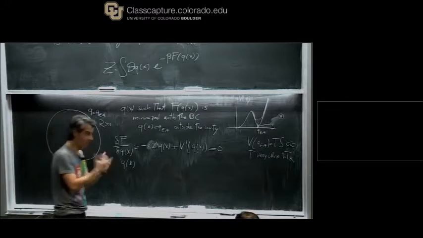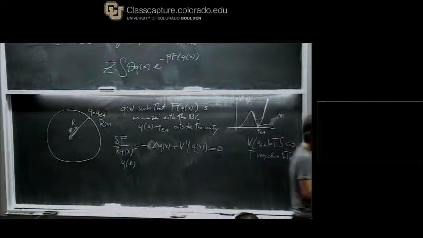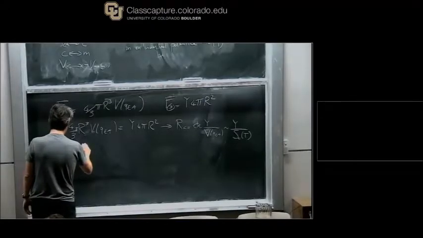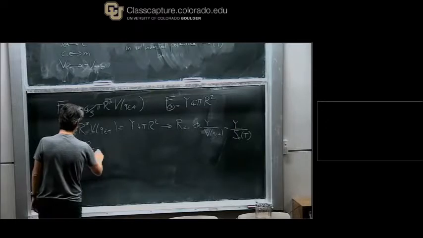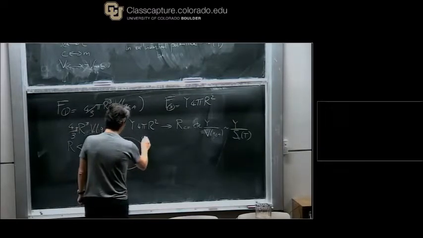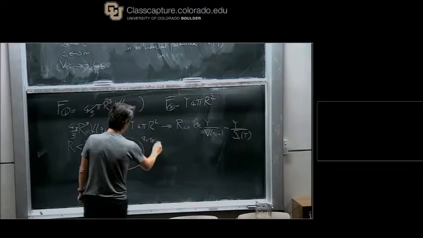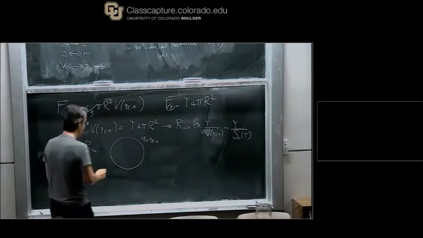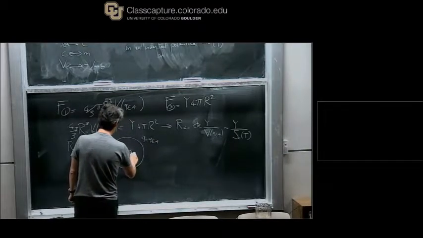Okay, let me re-say what we found here. If R is less than R_C, when I take my system and fix Q equal to Q_EA outside, I get Q equal to Q_EA inside.